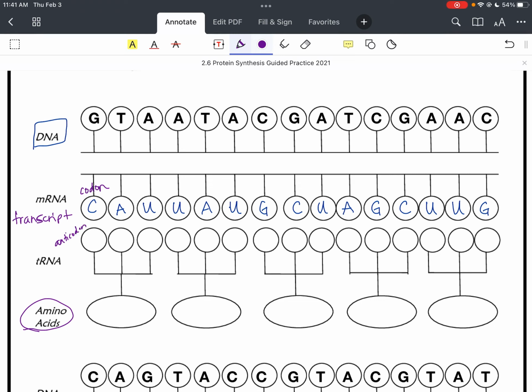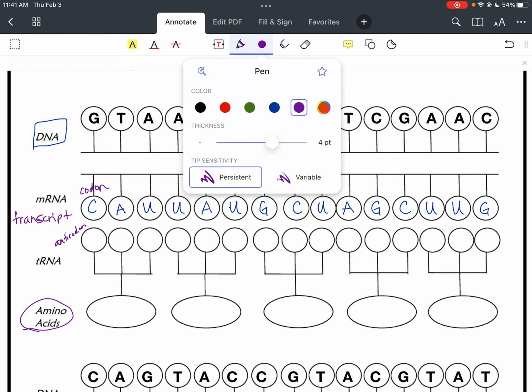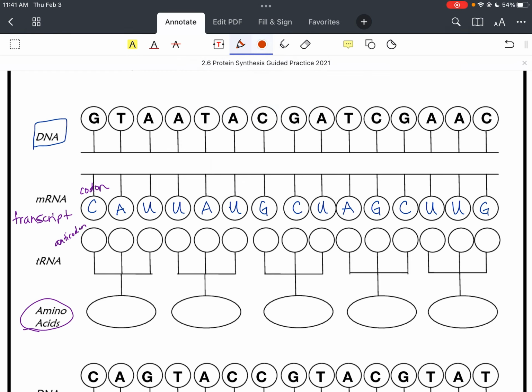So when I go through and start labeling my anticodons, again, they're going to be the exact opposite of the mRNA.